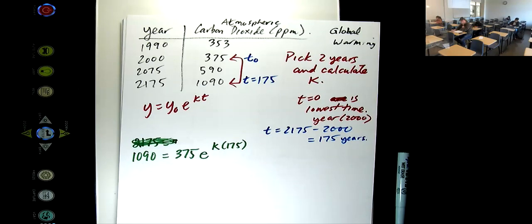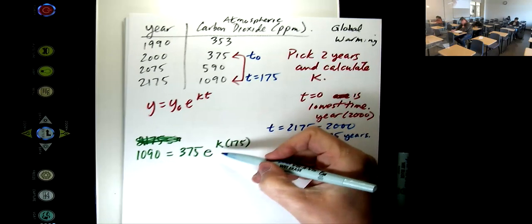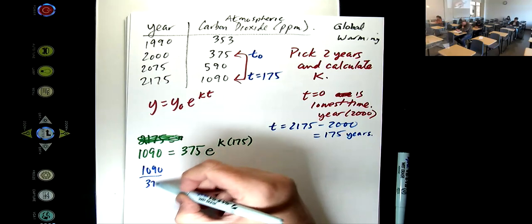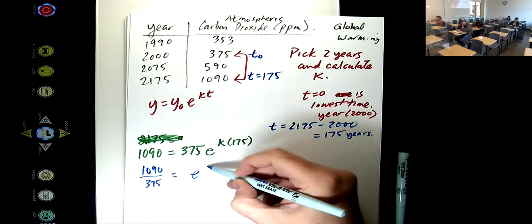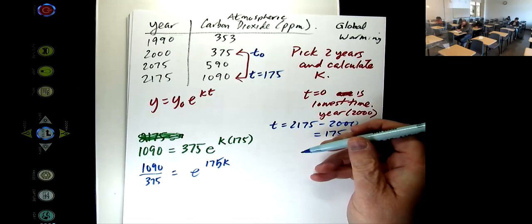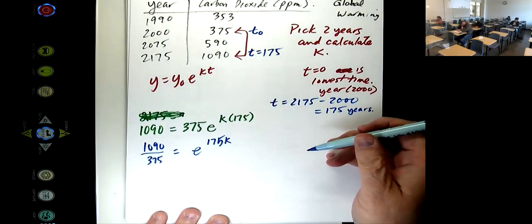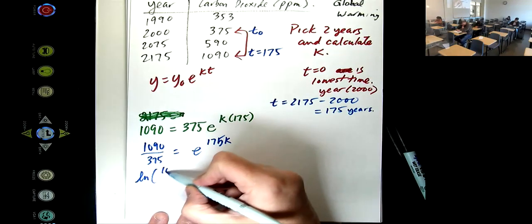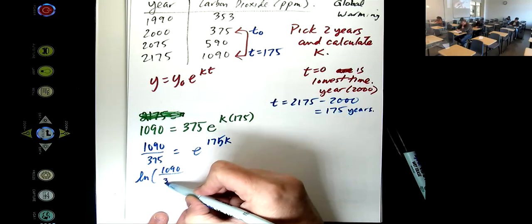We want to find k, so we need to get e by itself. We divide both sides by the 375. We take the natural log of both sides to get rid of the e.